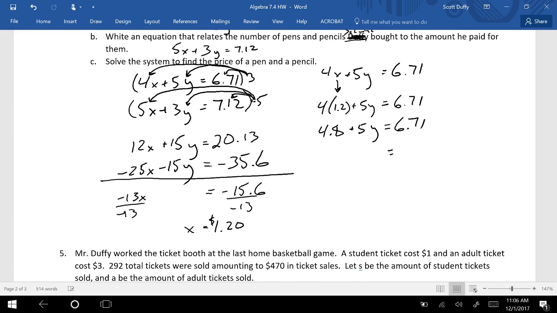Subtract 4.8 from both sides. Still have 5y over here. 6.71 minus 4.8 is 1.91, excuse me. Divide by 5 on both sides.